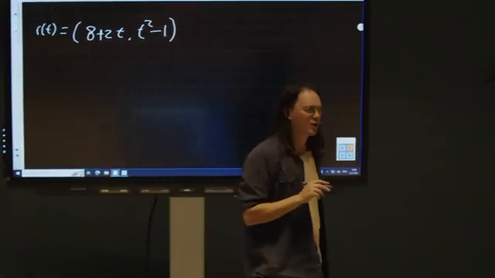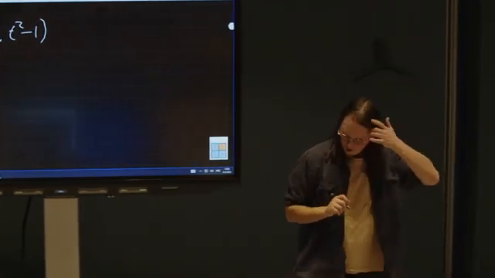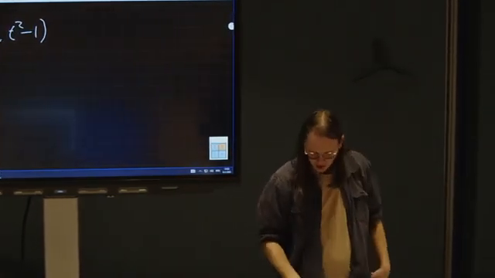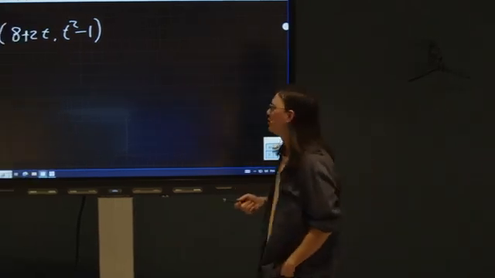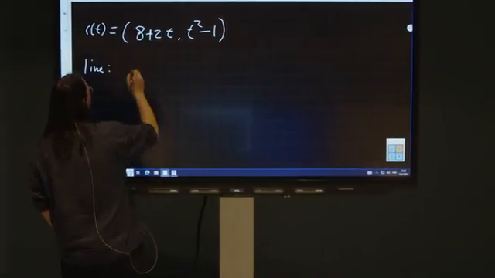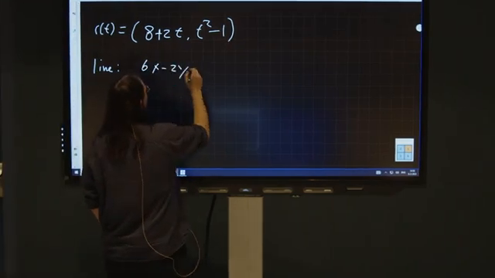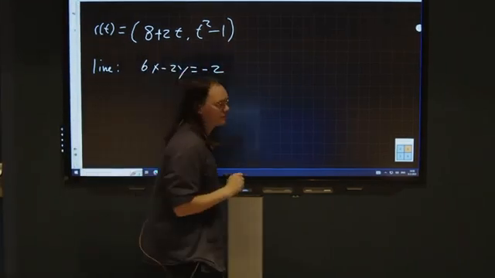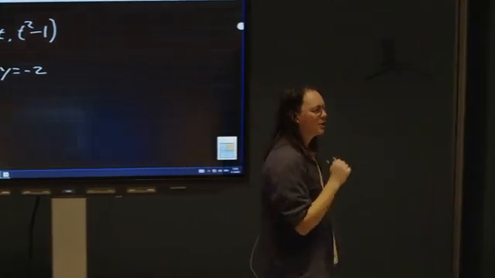And then the question was, when does this object go in the same direction as the line 6x minus 2y equals minus 2, the line given by that equation.